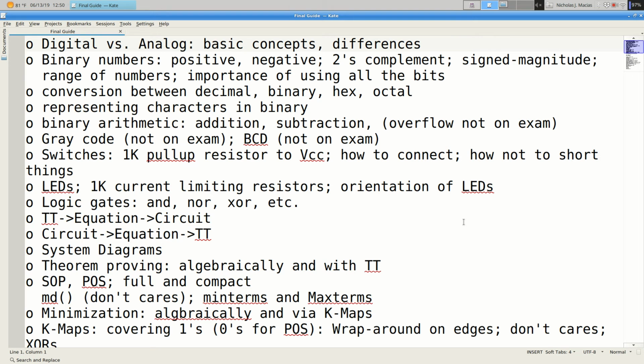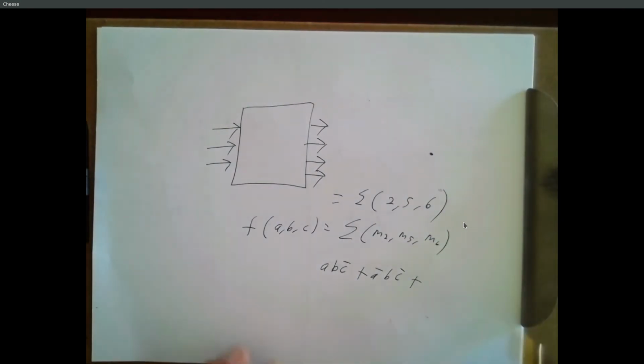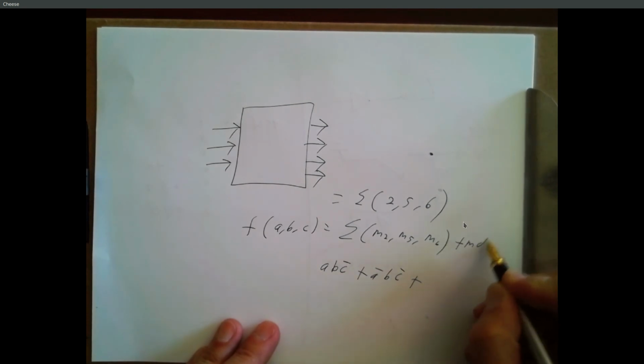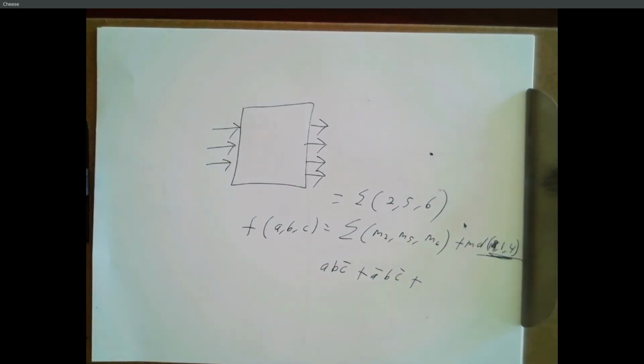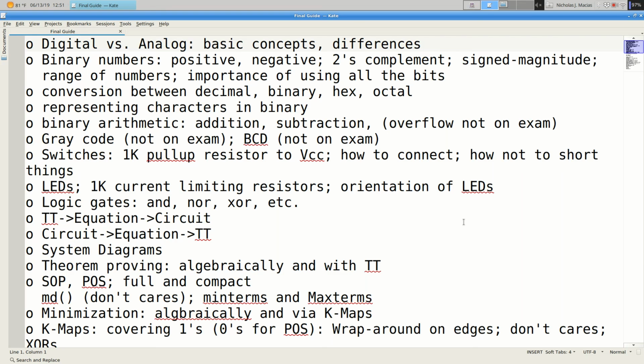And if you see this compact form, if you see plus d and you see some numbers in there, those are the don't cares. Okay, so the first and fourth rows of your truth table are dashes, basically. Don't cares help you with K-maps, so always take advantage of them.